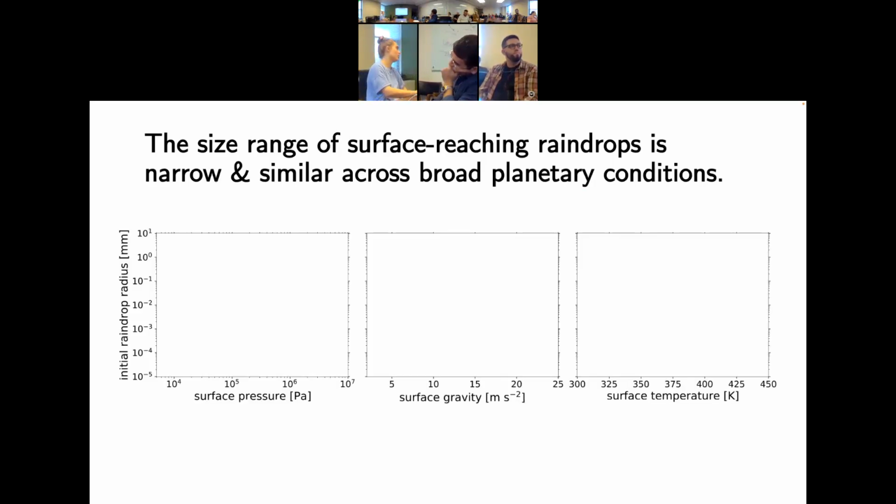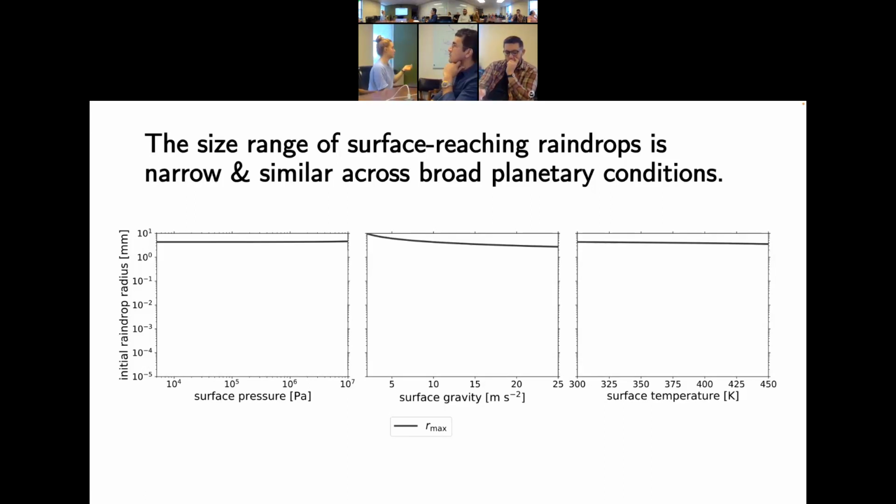Here I'm going to show varying surface pressures, surface gravities, and surface temperatures. On the y-axis we have our raindrop size when exiting the cloud in millimeters, on a log scale spanning 6 orders of magnitude.